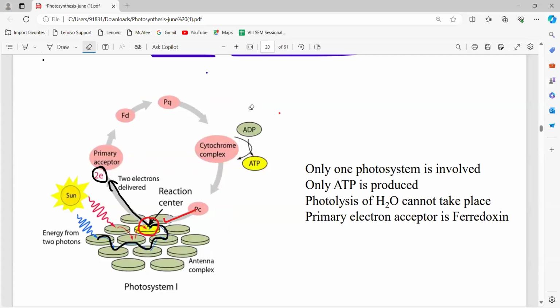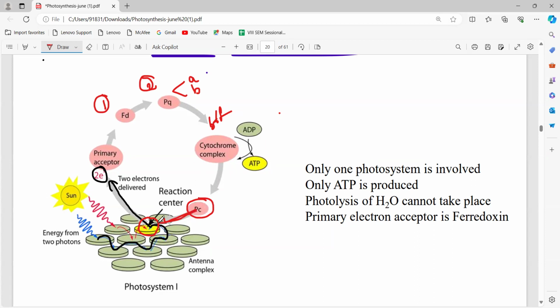So it is very important. All of you have to remember the series of electron carriers. Number one is ferredoxin. Number two is plastoquinone. Always remember, friends, plastoquinone is differentiated into plastoquinone A as well as plastoquinone B. And we have the cytochrome b6f complex. Then we have the plastocyanin.